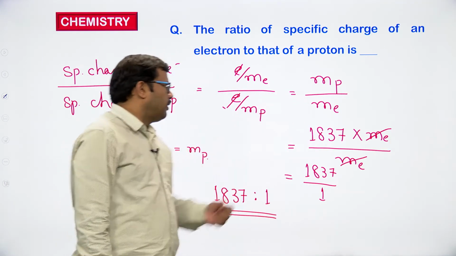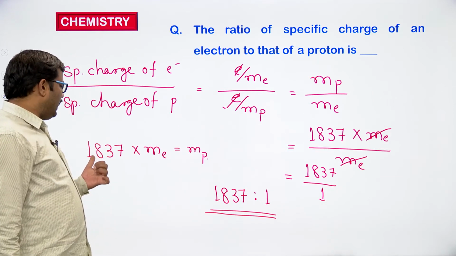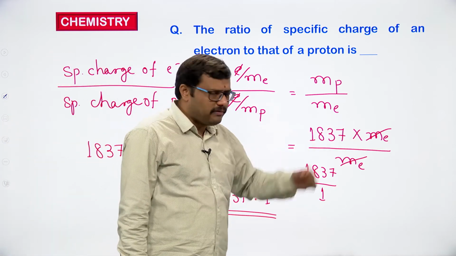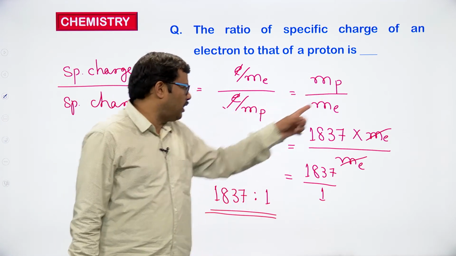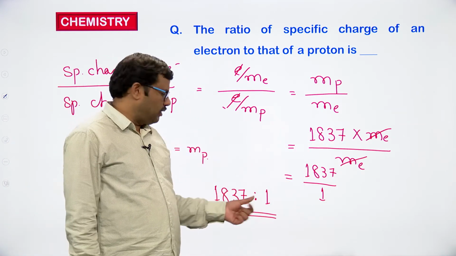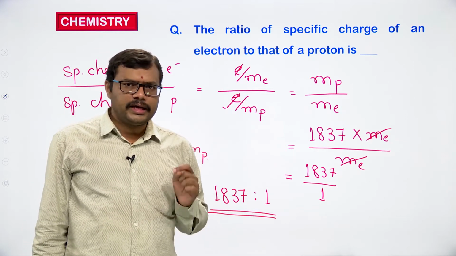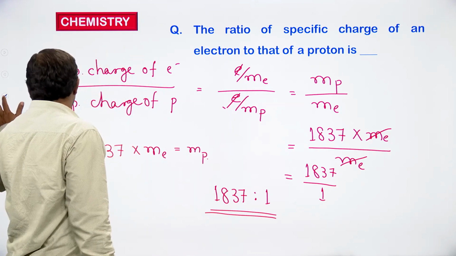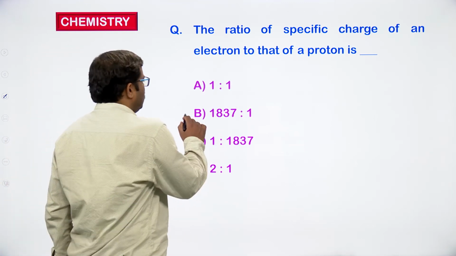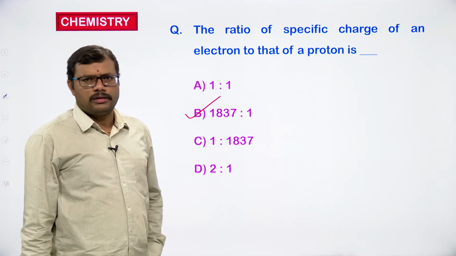In the previous question we calculated that 1837 times the mass of electron is equal to the mass of proton. Substituting that value, the mass of electron gets cancelled out, so we get the ratio as 1837 is to 1. So if you observe the answers, 1837 is to 1 is the correct option for this question.